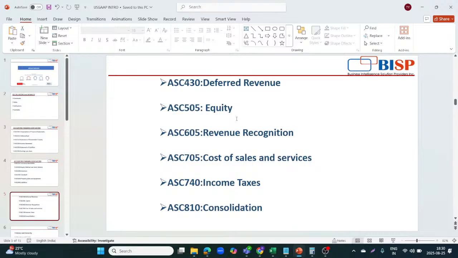Then you have ASC 740, that is your income taxes. Here we will see how income taxes are computed and reported from the interim reporting perspective. We'll see what the permanent differences and the temporary differences are, with examples.